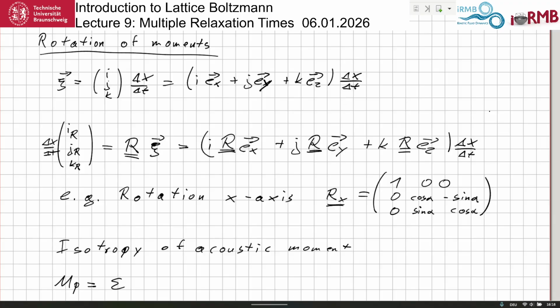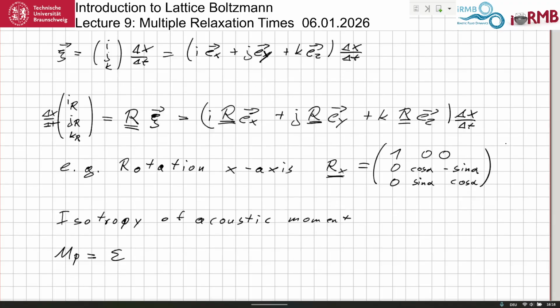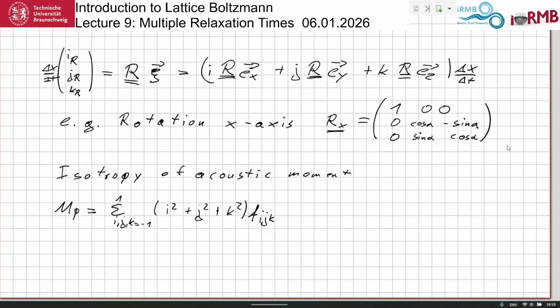MP is the sum over ijk equal to minus 1 to 1. Because it's a linear transformation, it's i square plus j square plus k square into fijk. Yeah, you see this. Anything on that? That's clear.